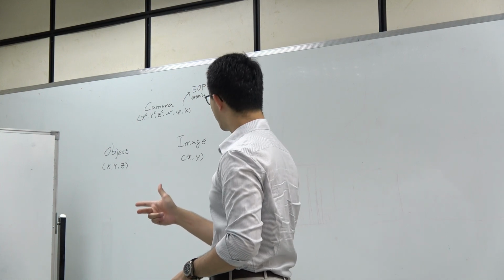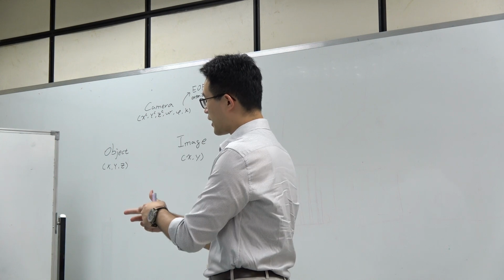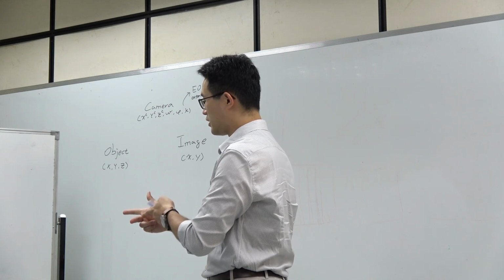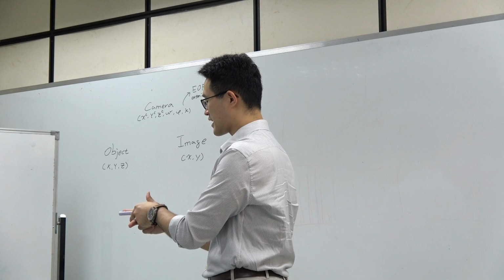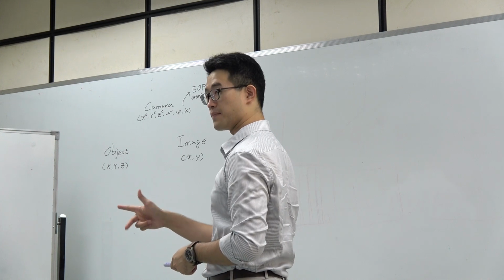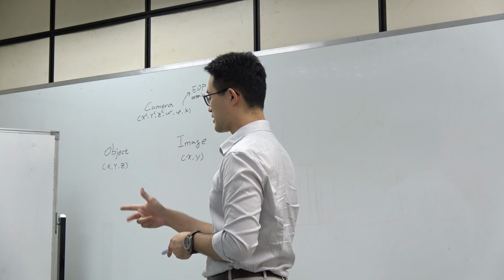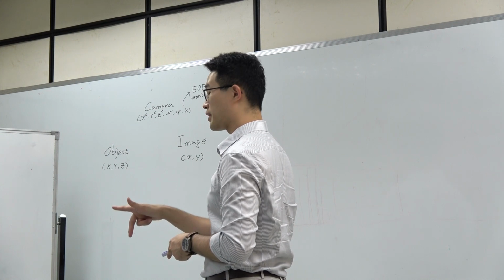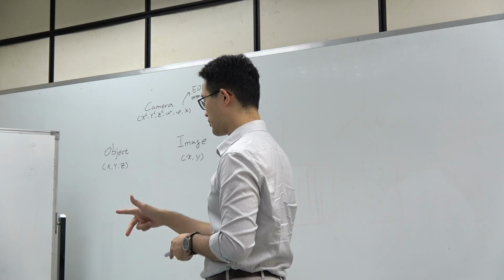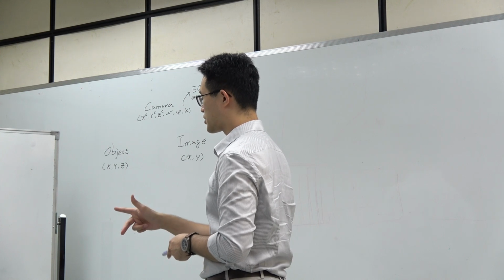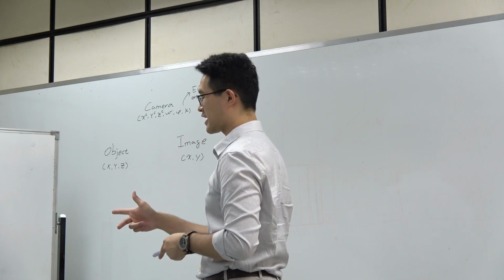So omega is the rotation angle along the x-axis, which is this rotation. So omega is defined as how many degrees you have rotated along this x-axis.